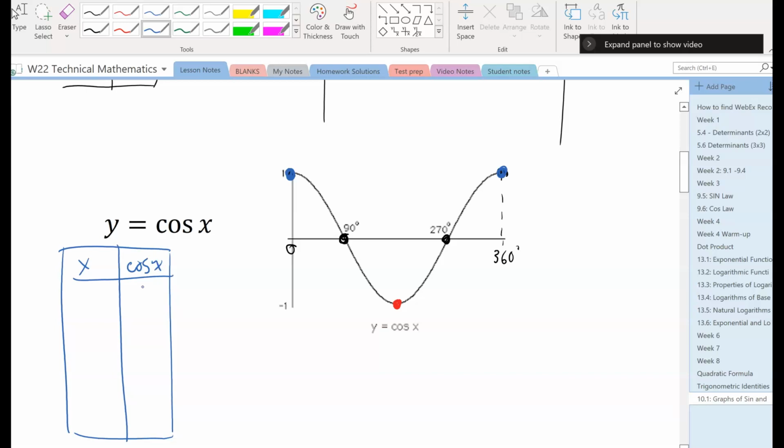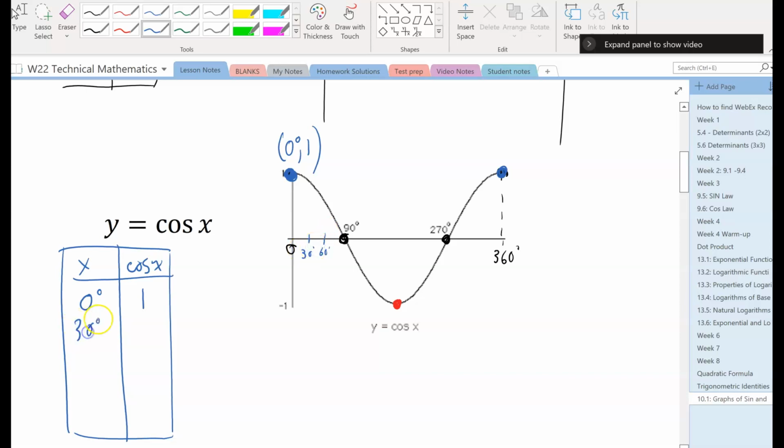If x is 0 degrees, the cosine of 0 is 1. So there's the point, 0 degrees, 1. Let's do 30 and 60 as well, like we did before.